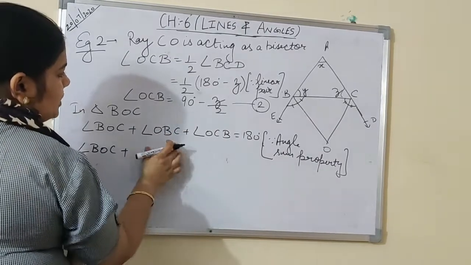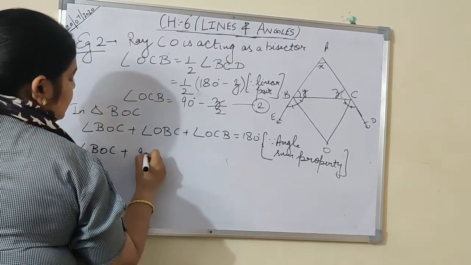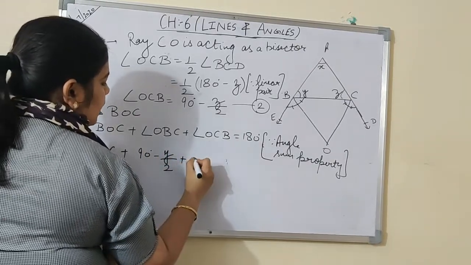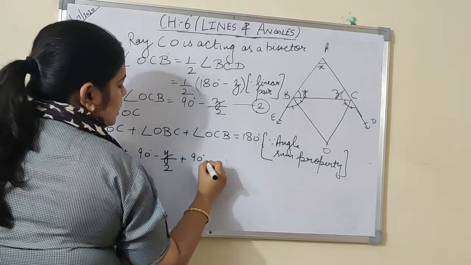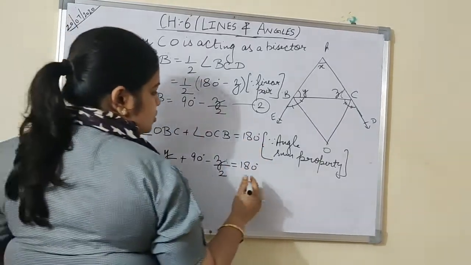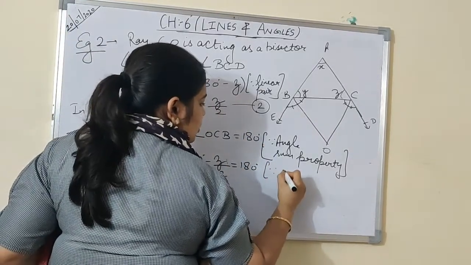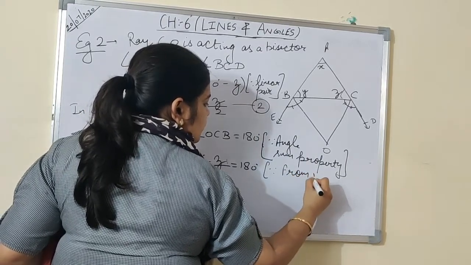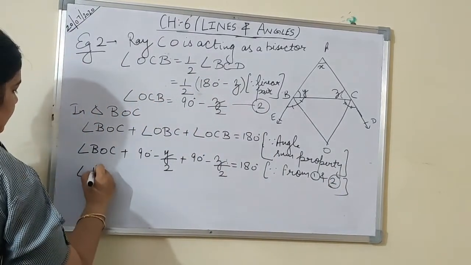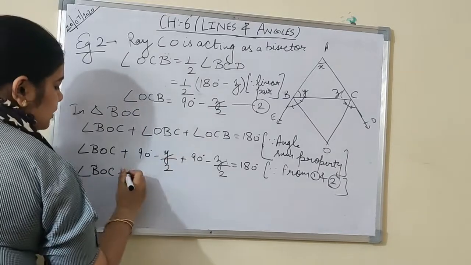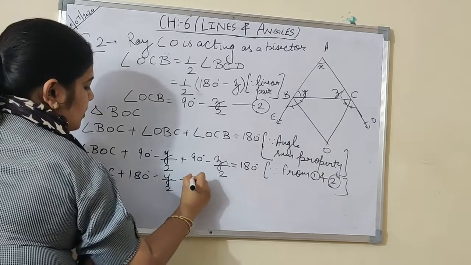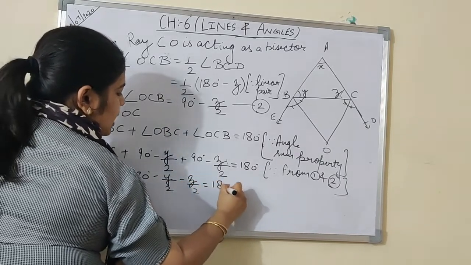Then in place of angle OBC from equation number 1, we can write 90 minus Y upon 2, plus from equation number 2 we can write 90 minus Z upon 2, and then copy equals 180 as it is. Now you can see here that 90 plus 90 will become 180 degree. Then minus Y by 2 minus Z by 2, we can write as it is.